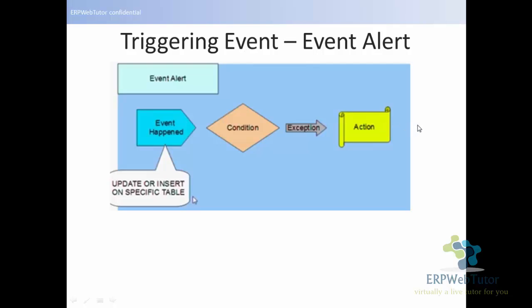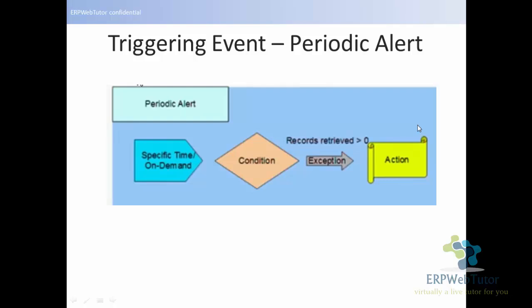Now, the periodic alerts are not triggered as soon as the event happens. The periodic alerts are run on a schedule basis. You can define a periodic alert and set it to run on a schedule, say daily or monthly.